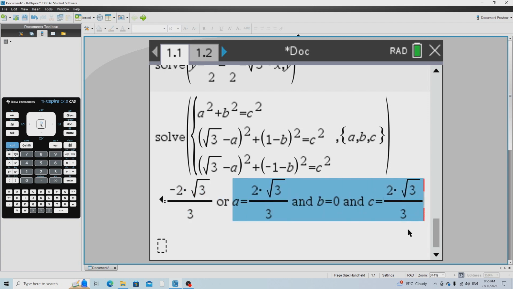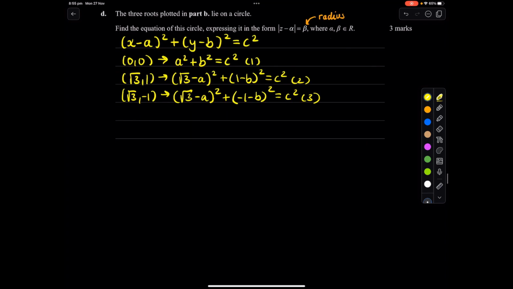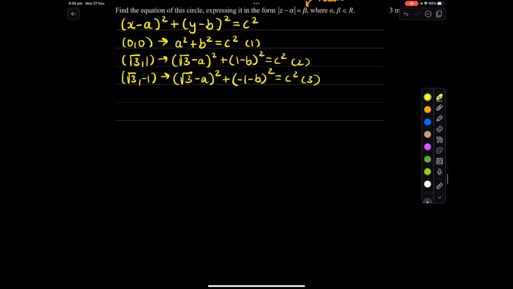So we'll write this as x minus 2 root 3 over 3, plus y squared equals 2 root 3 over 3 squared.